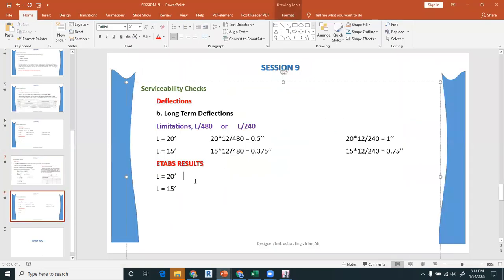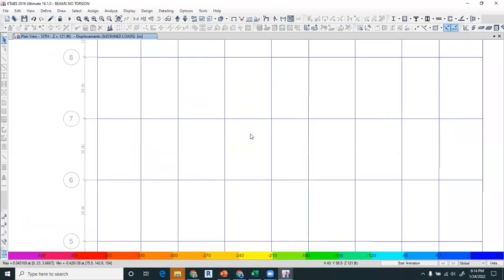This is the ETABS result, so the delta sustain is equal to 0.31 inches, and the value for the 15 feet beam is 0.24.